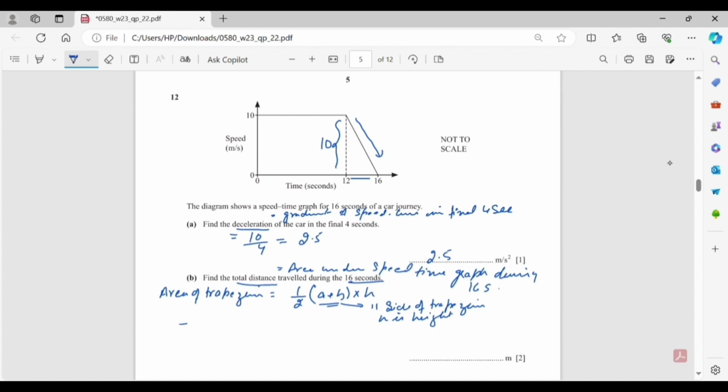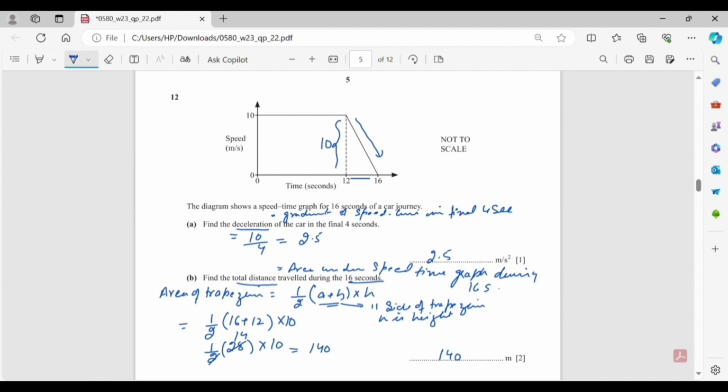So this will be equal to 1 by 2 bracket 16 plus 12 into height, which is 10. 1 by 2 into 28 into 10. You can cut it down by 14. So this will be equal to 140. So our distance is 140 meter.